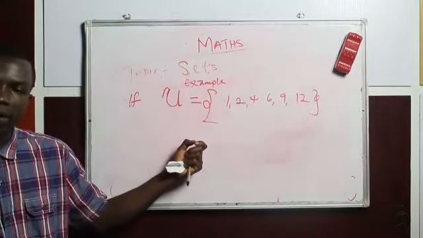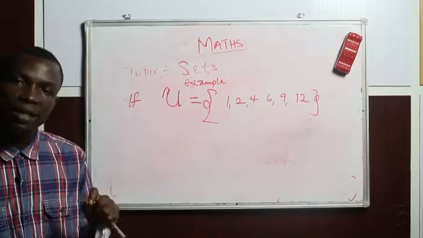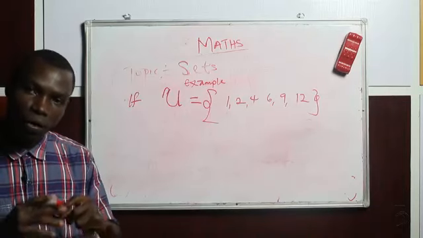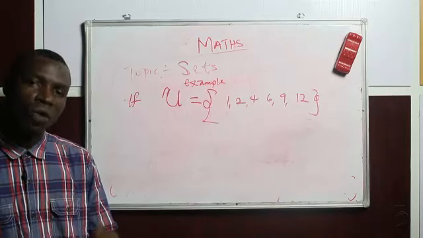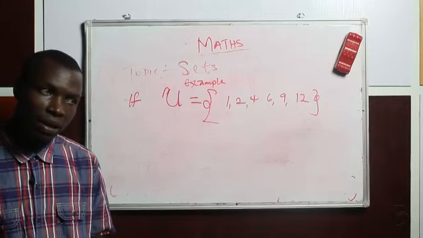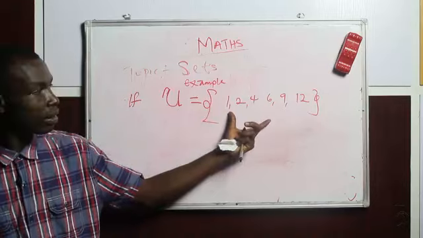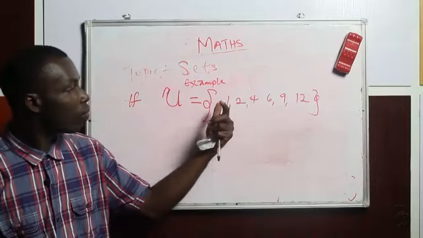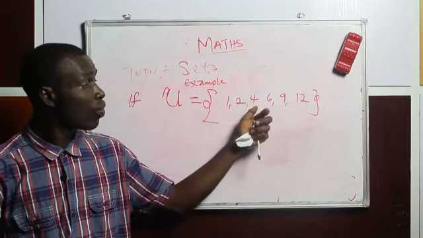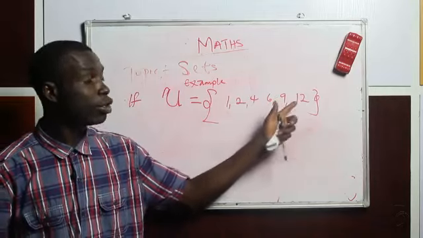As I've said earlier on, a set is a collection of objects or things. This universal set shows the numbers 1, 2, 4, 6, 9, 12.